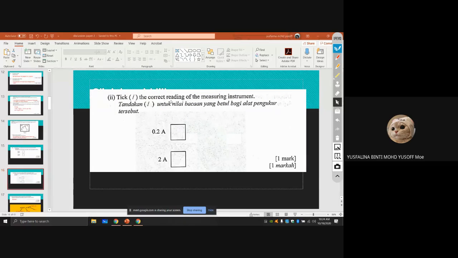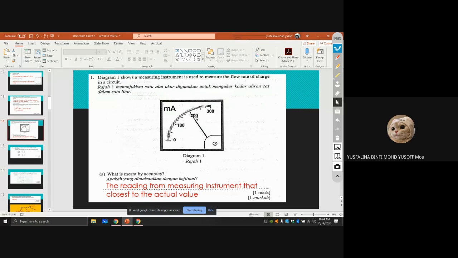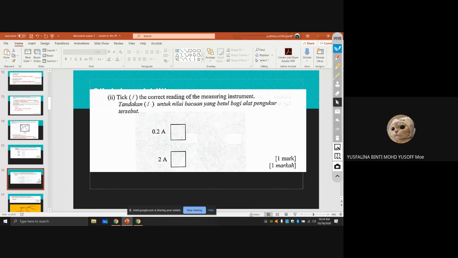Tick the correct reading for the measuring instrument. Okay, so let's see the ammeter first. This one is 200 milliampere, so we have to change it, right? Milli is 10 power of negative 3.